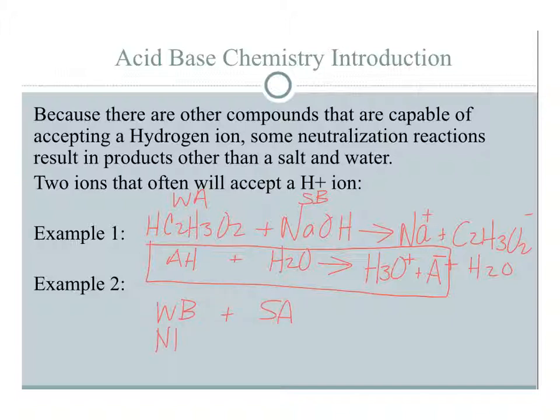So NH3 is a weak base, strong acid like HCl. And that's going to yield, this can go both ways, these reactions, too, sorry, NH4 plus and Cl minus.